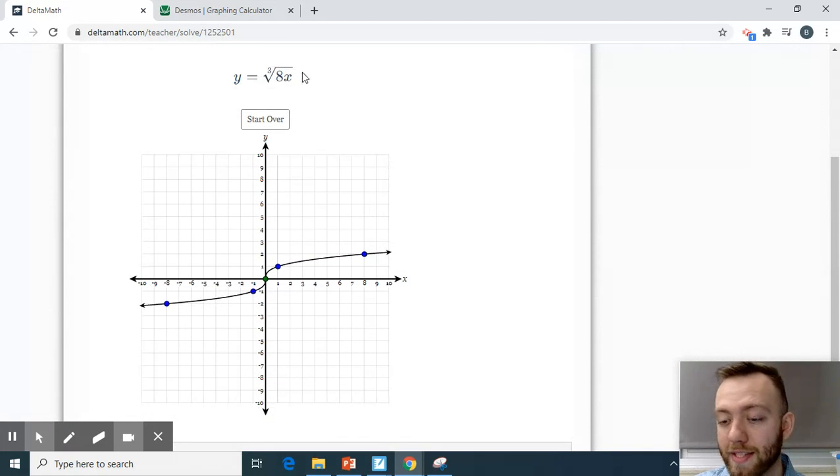Now let's do some of these level 2 ones. Okay, now it's on the inside, right? So we have the cube root of 8x. Now remember, now that we're with the x, we're going to multiply the x's, but not by 8, by the reciprocal of 8. And the reciprocal of 8 is going to be 1/8.